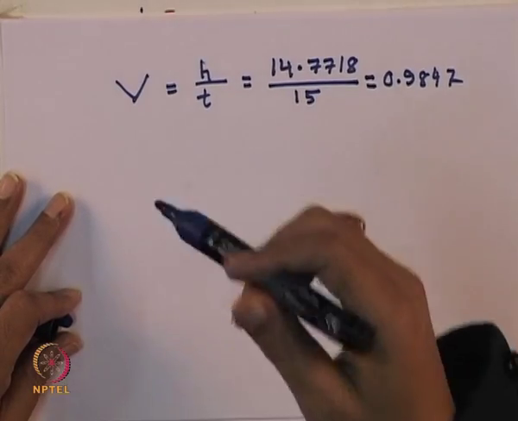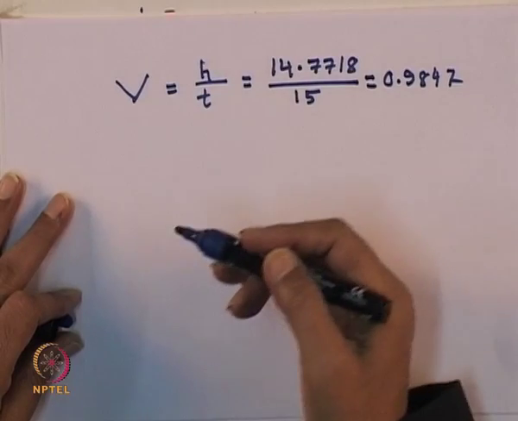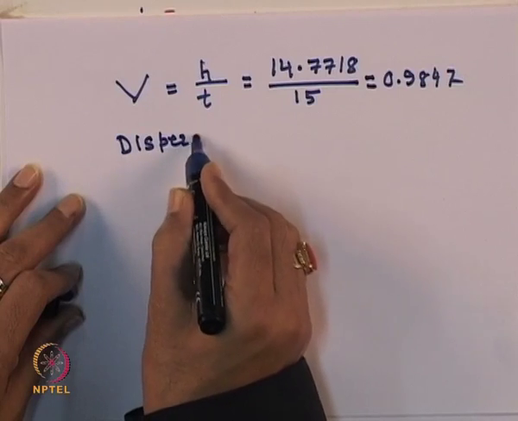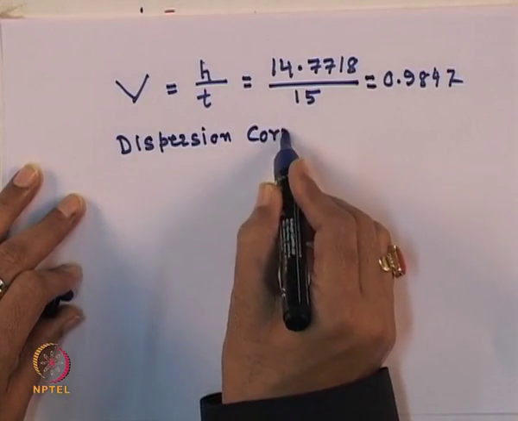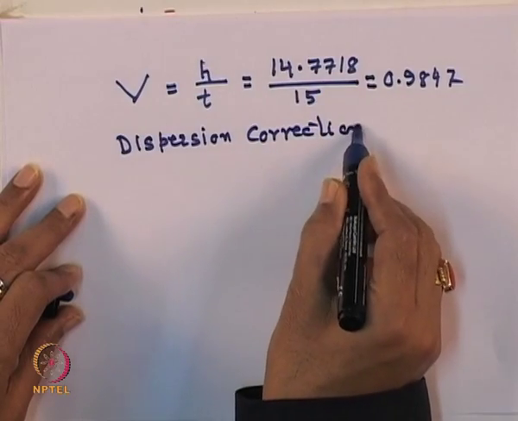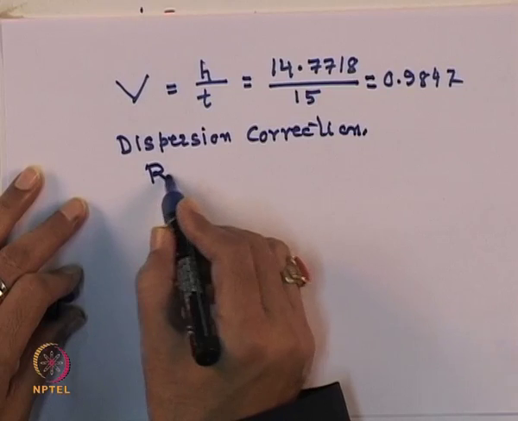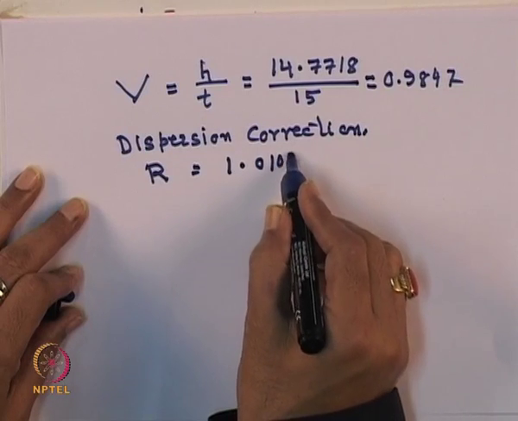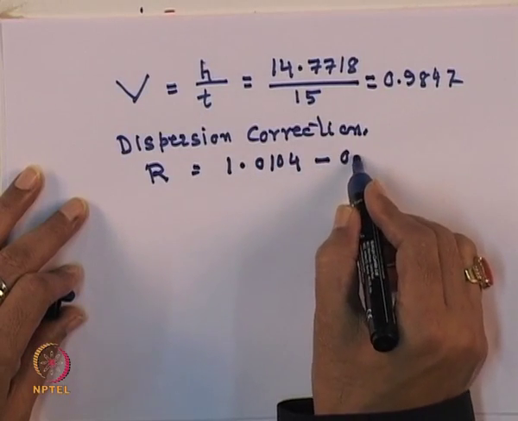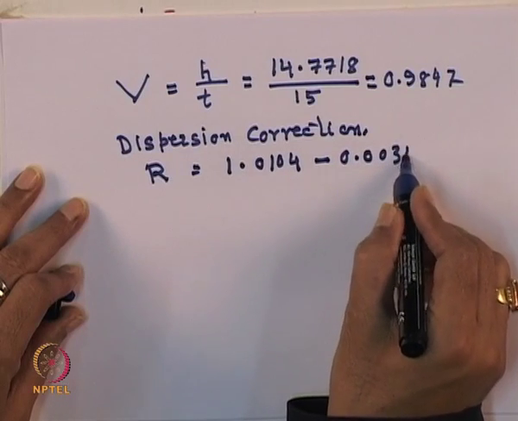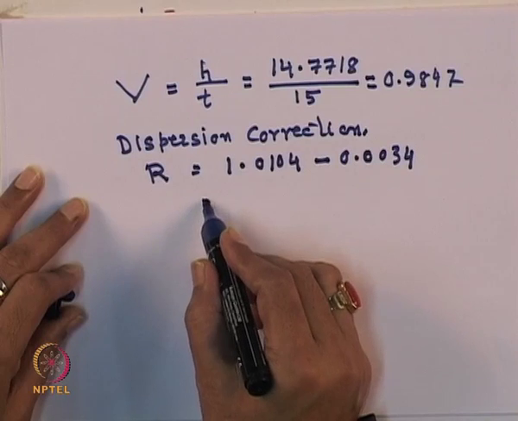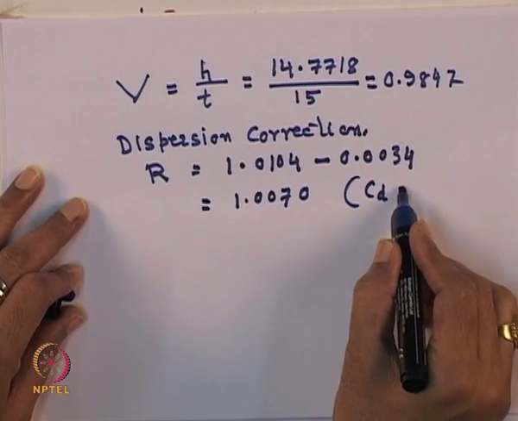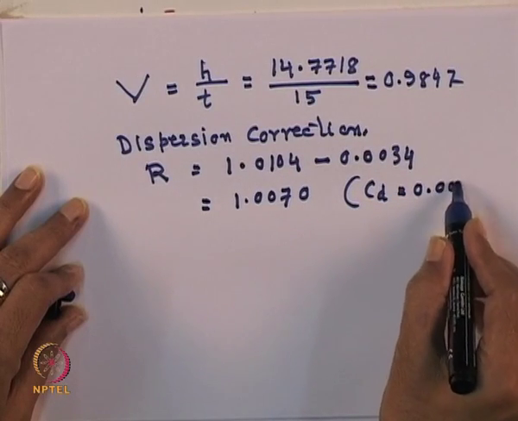Now you have to apply the dispersion correction. Let us say R will be equal to 1.0104 minus 0.0034, because the dispersion correction CD we have given is 0.0034.